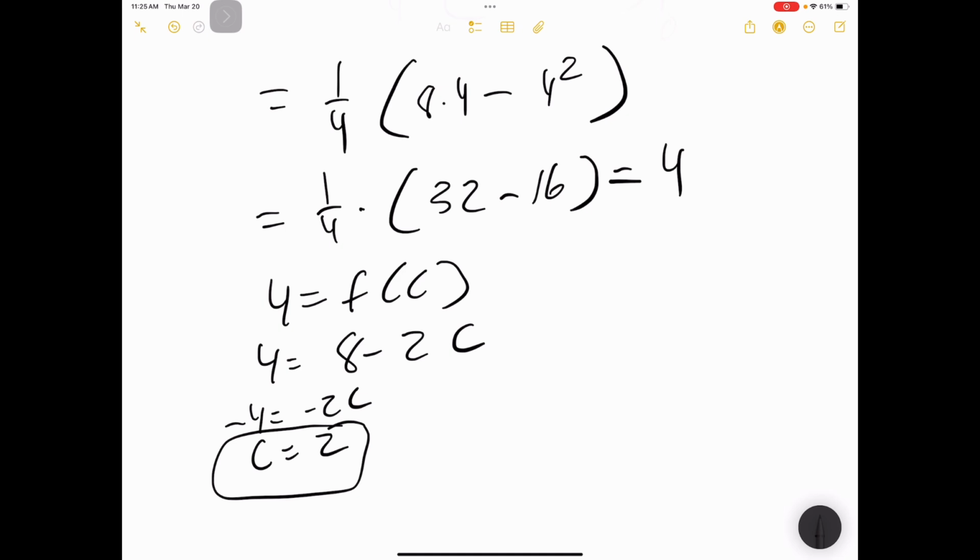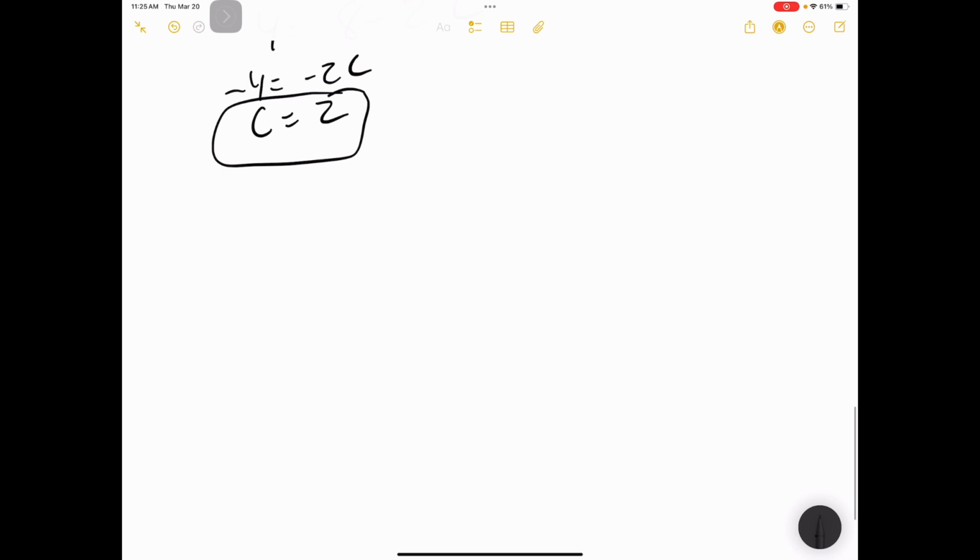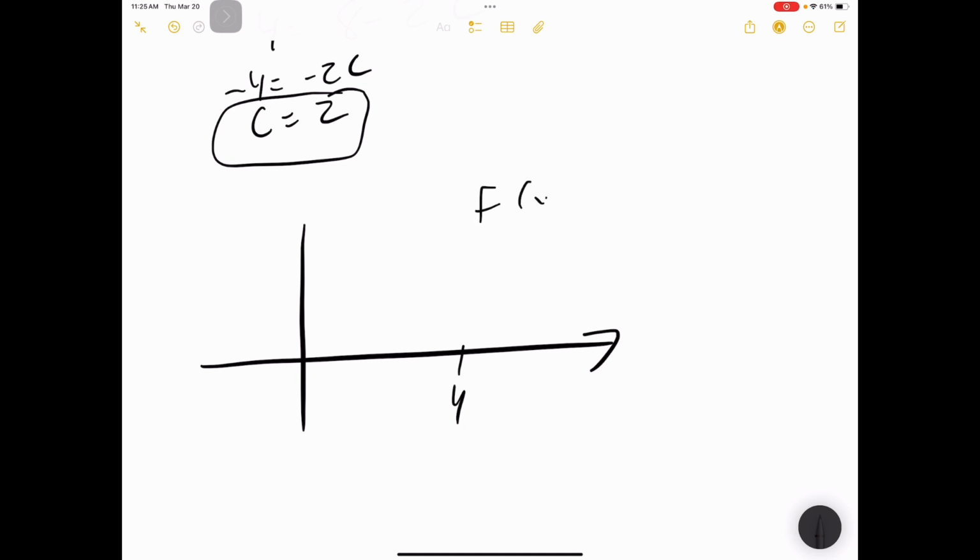And so what does that mean? Well, we have this function, going from 0 to 4, and this function is f of x equals 8 minus 2x. If I graph this function, at 0 we're at 8. At 4, we're at 0.